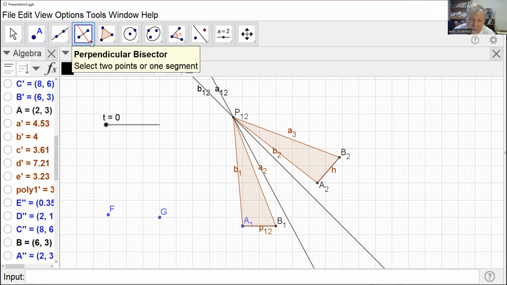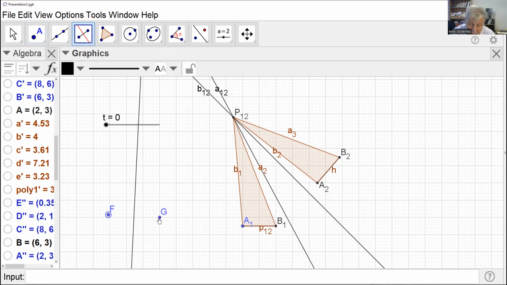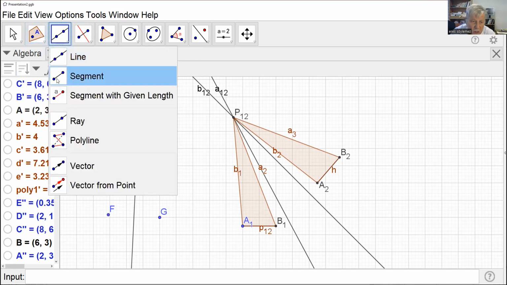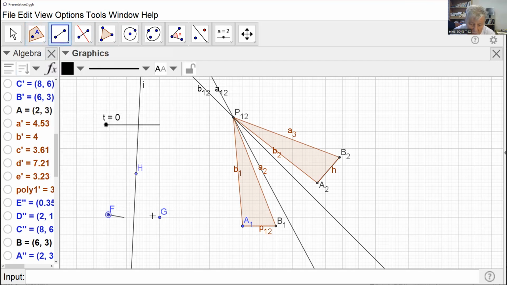If I draw the perpendicular bisector to these 2 points, any point that I select on the perpendicular bisector, FH will be equal to HG. The reason? Look.